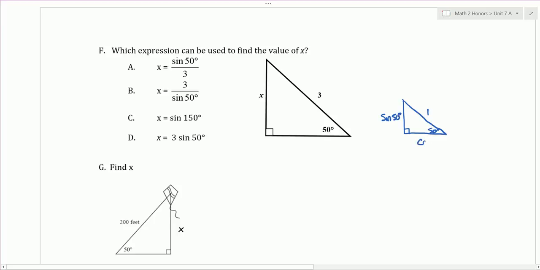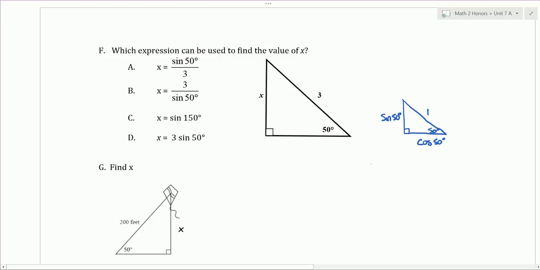This side is going to be the cosine of 50 degrees. Now, if I look at all my answer choices, they all include sine. So when I create my ratios, I'm going to use the ratio sine of 50 and 1, and I'm going to use x and 3 as well.